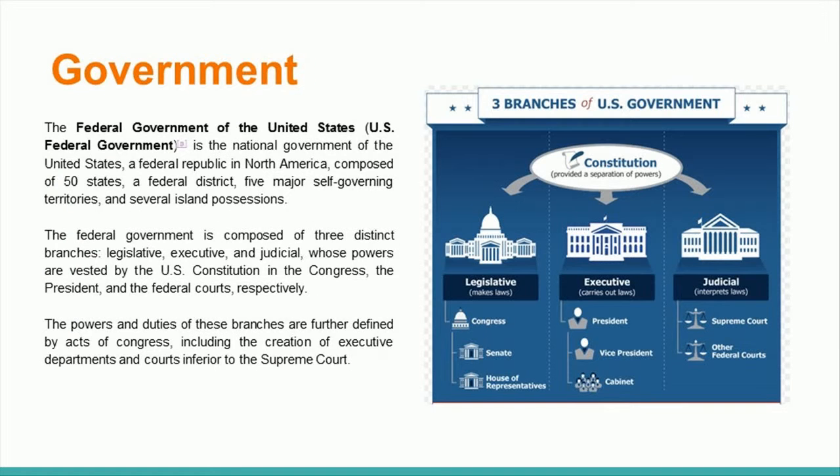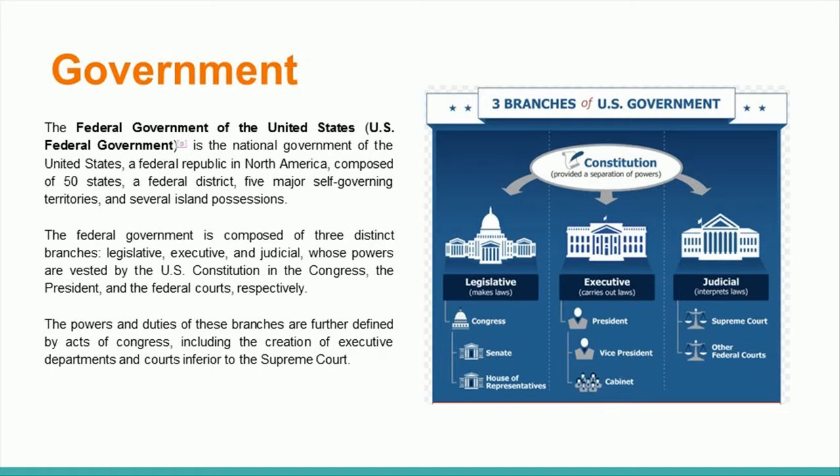The federal government of the United States, U.S. federal government, is the national government of the United States, a federal republic in North America, composed of 50 states, a federal district, 5 major self-governing territories, and several island possessions.